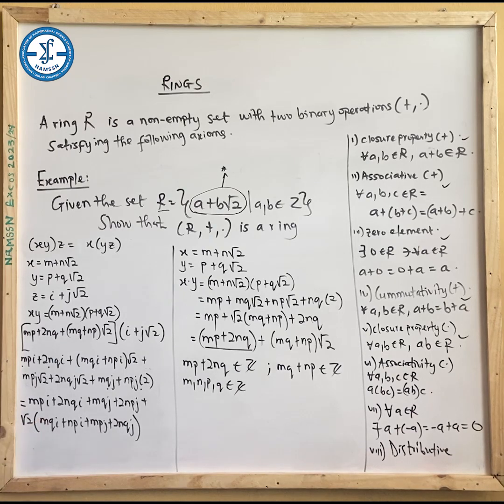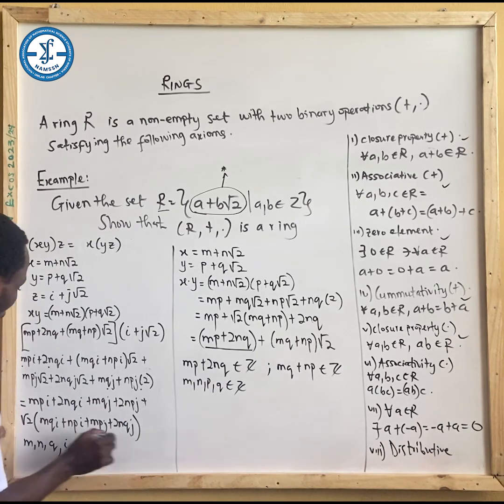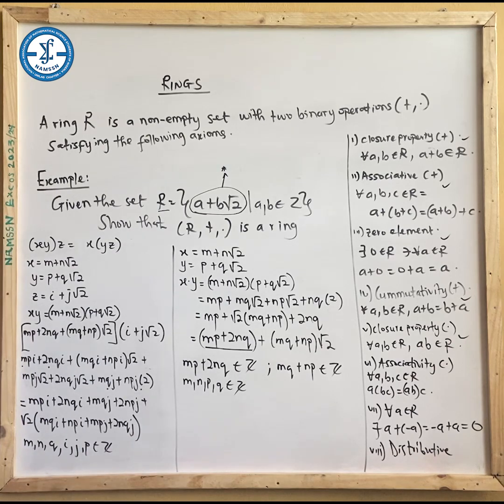So since m, n, q, i, j, p are all integers, addition of all of this will also be an integer. So I'm looking to get this also on my right hand side.